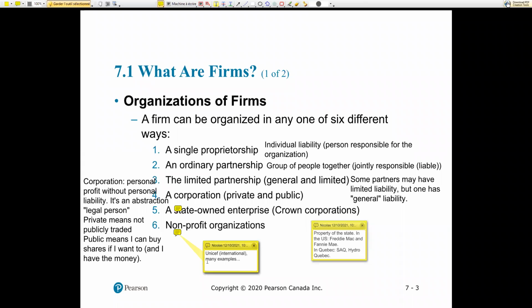Yeah, something that they didn't add is cooperative. So I don't know whether that fits in there. That's a good question. So co-ops, like Desjardins.